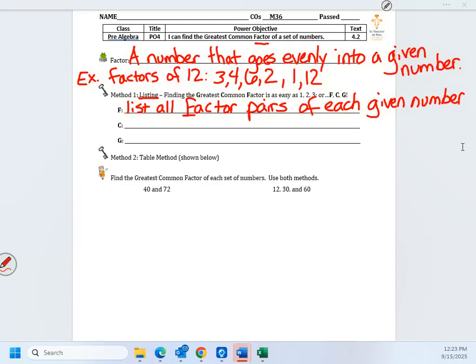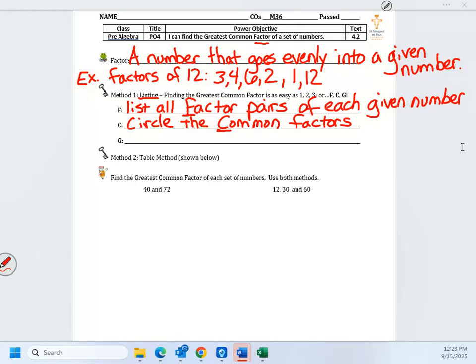When we're finding greatest common factor, we're looking at at least 2 numbers. Could be 3 numbers. The C is circle the common factors. Which numbers do they both have listed? They will share some and they'll have some that are different.